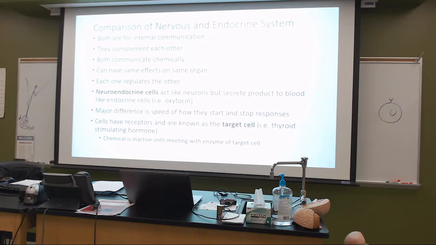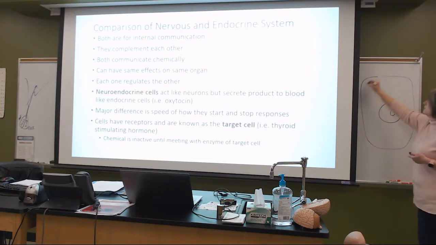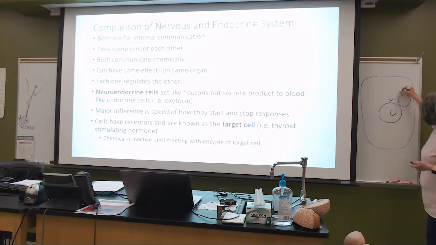Okay? So when you're looking at an organ, that tissue is made up of cells. Think of it like this: this is our organ, and then we've got all these little cells that are a part of that organ. And then we have our blood supply coming in around these cells. Do you all remember that we have extracellular fluid, the fluid that's around them?